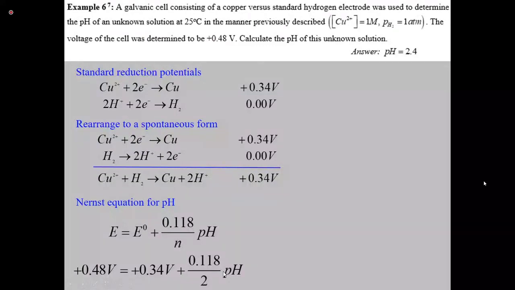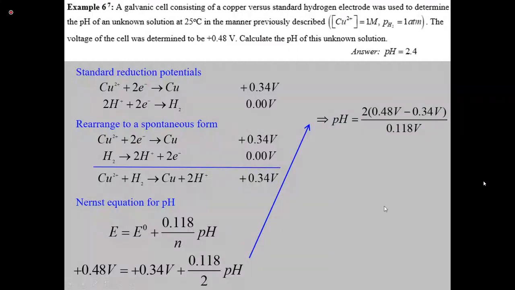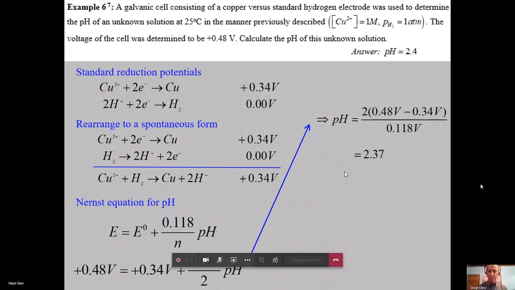And all that times the pH. So we know everything in here except the pH. So let's figure out what pH is. Algebraically, we solve for pH, and it comes out to 2.37. So that would be an example of calculating pH.